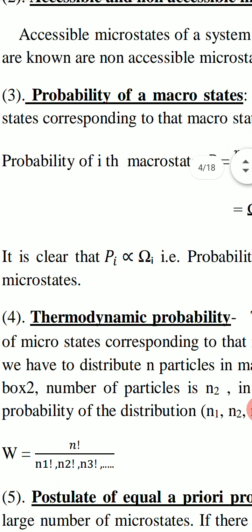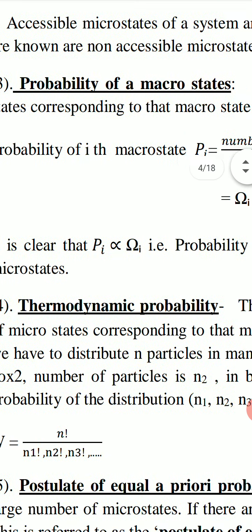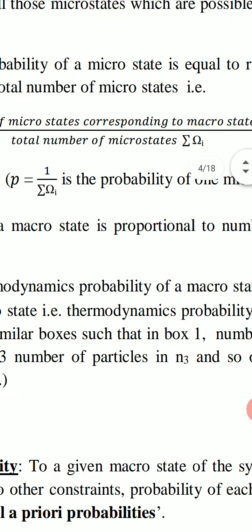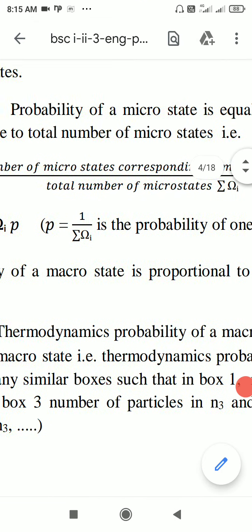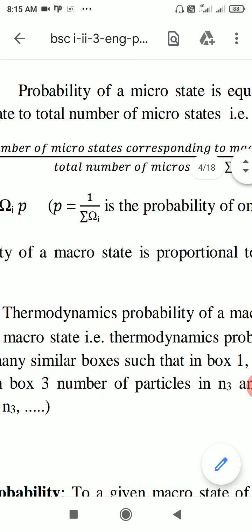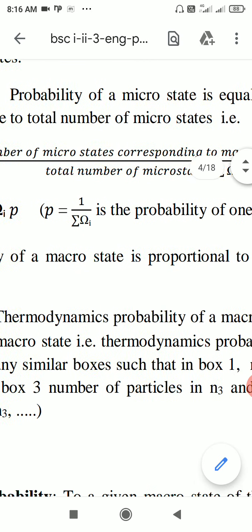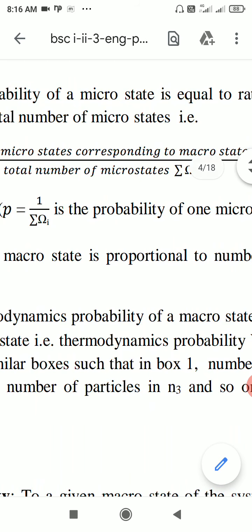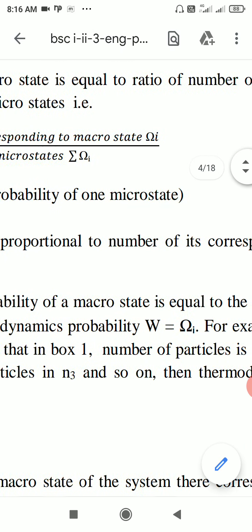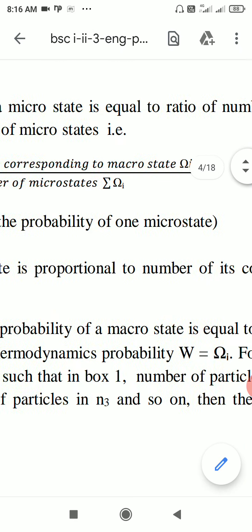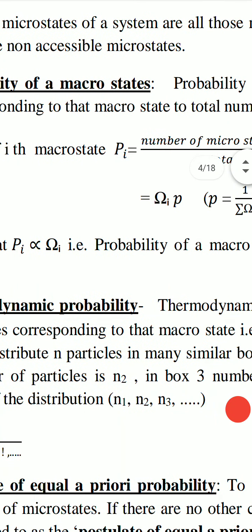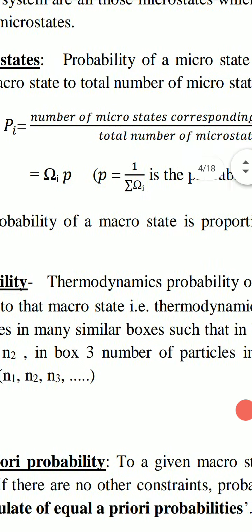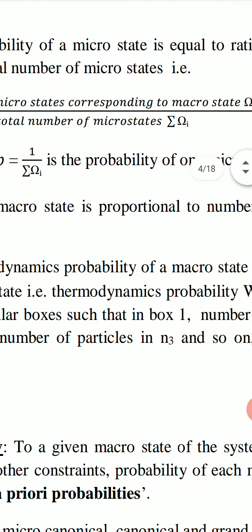Probability of a macrostate. It is not probability of a microstate. We are defining probability of a macrostate. Probability of a macrostate is equal to the ratio of number of microstates corresponding to that macrostate to total number of microstates.